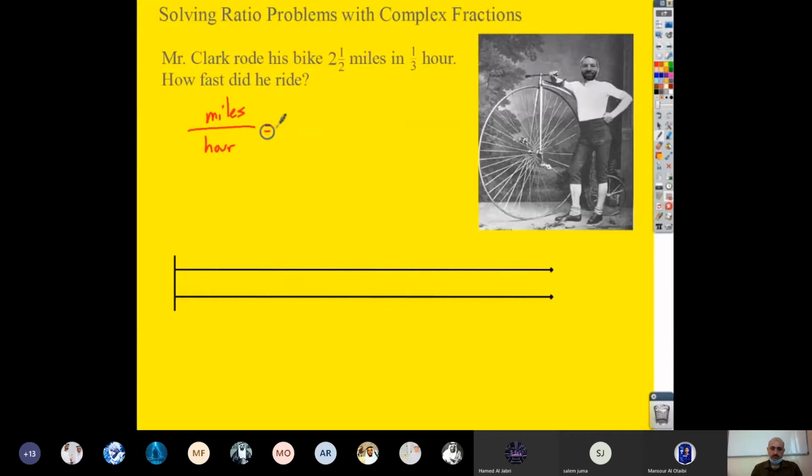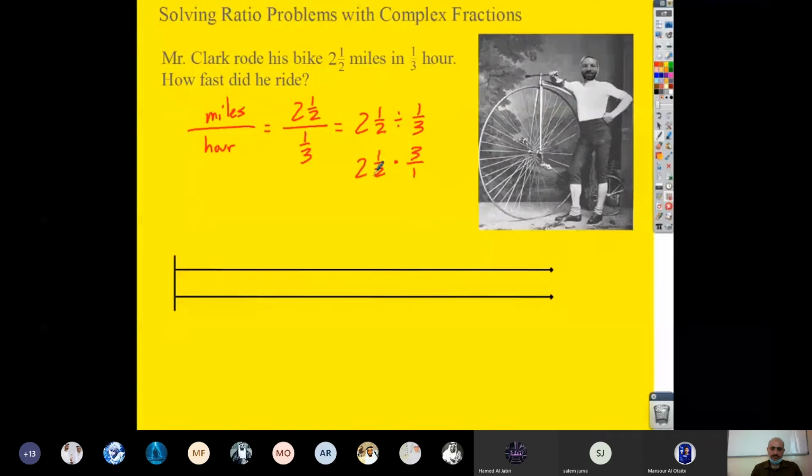In order to find my unit rate, I'm going to take 2.5 and divide it by 1/3. There's a problem here. You can't take 2.5 and multiply by 3 unless we change this into an improper fraction.